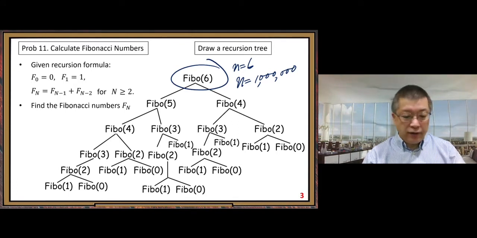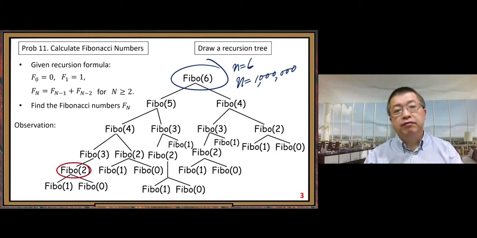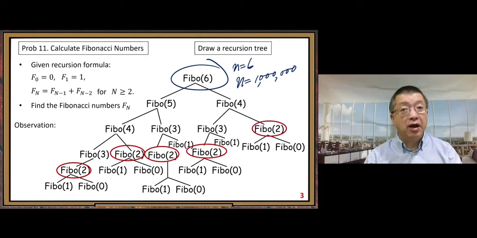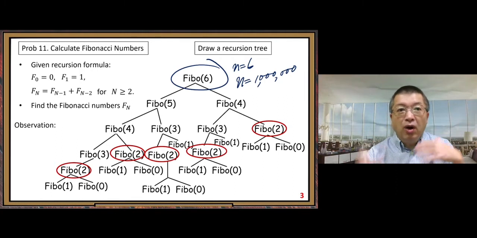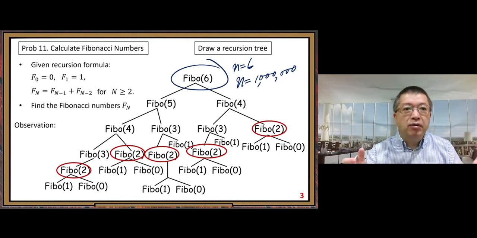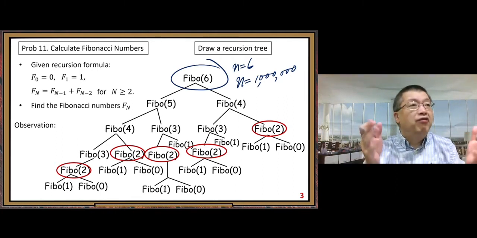In this simple example, you can see it is not efficient. The main reason it is not efficient is we have a lot of redundant calculation. Look at this fib of 2. How many times do we calculate fib of 2? Here, in this relatively small recursion tree, we calculate fib of 2 5 times.